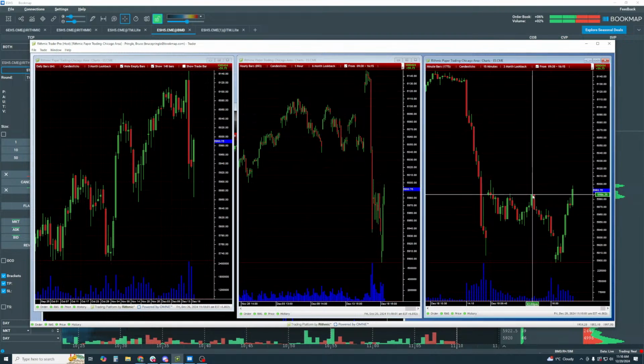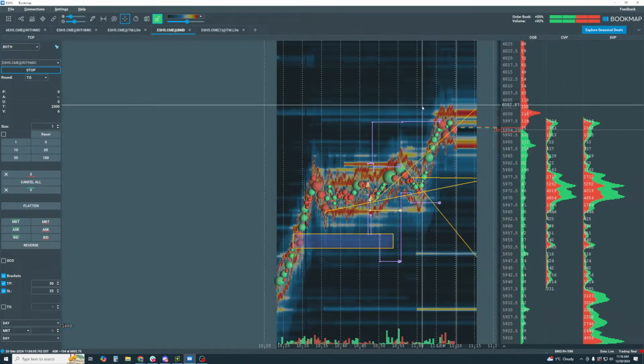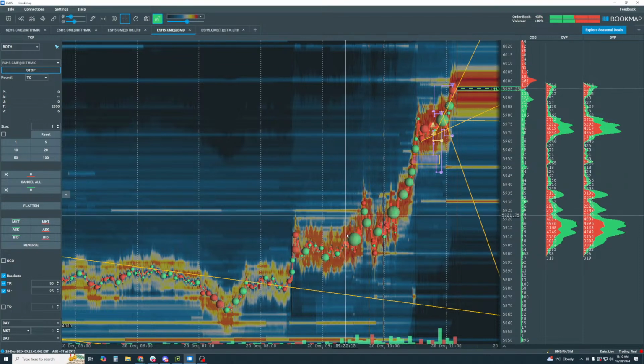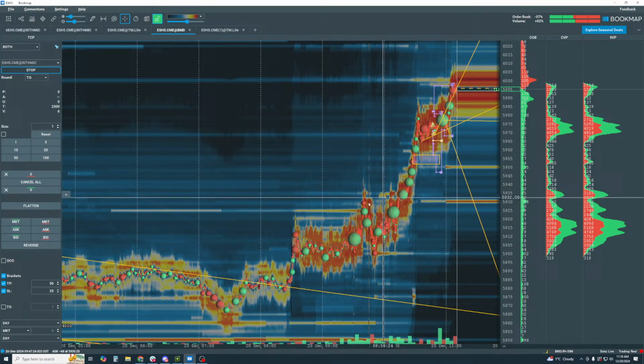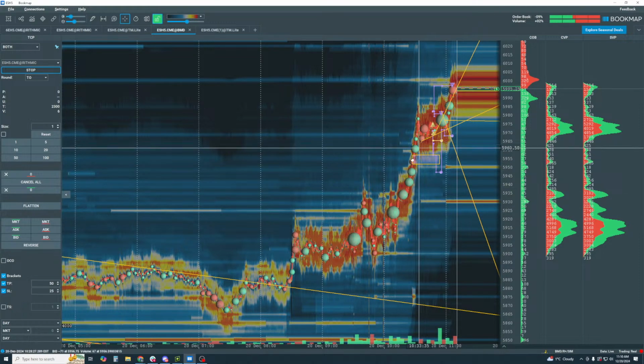I mean, the swings are still important, but looking at the speed of moves and the candle sizes and the wicks and all these kinds of things, you're getting a lot more out of looking at these liquidity levels and the passive supply and demand versus the aggressive supply and demand.